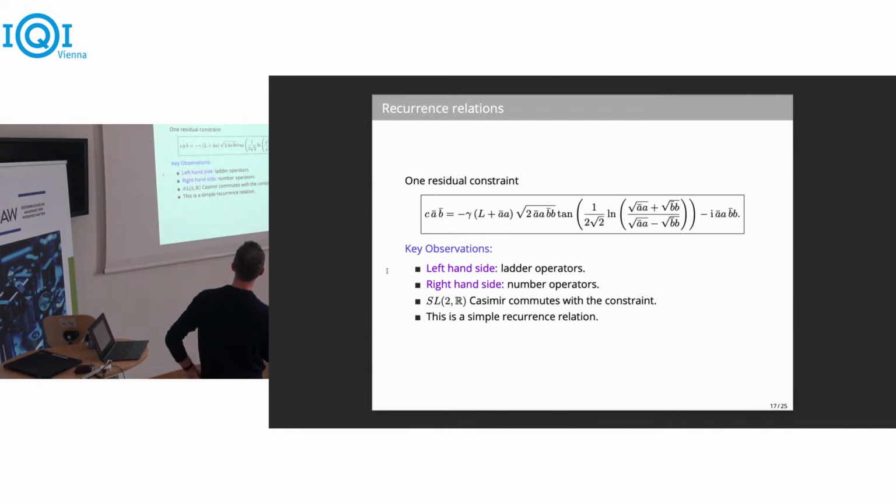I should tell you, for the discrete series representations, these recurrence relations can be solved very easily. It turns out that you only need finitely many. These terminate at some point, and they terminate because of the representation theory of SL2R.